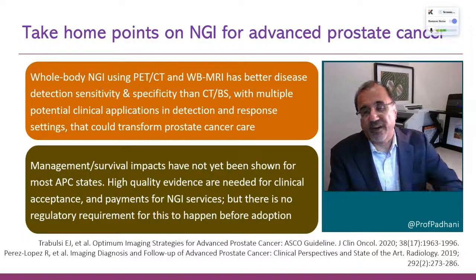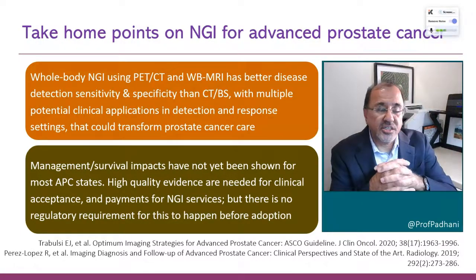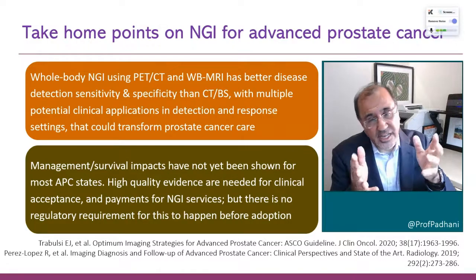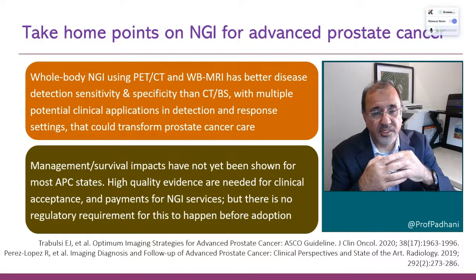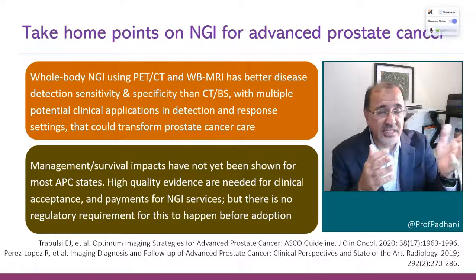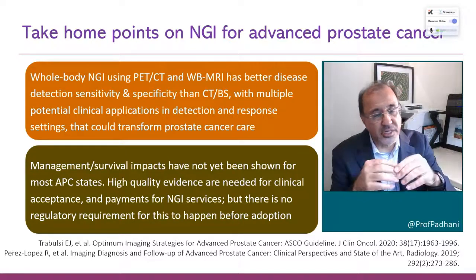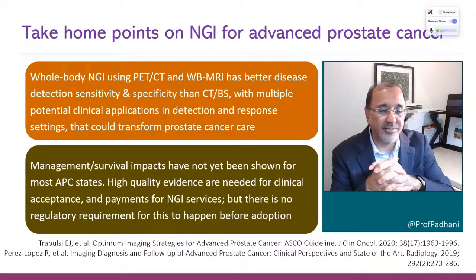So here are my final take-home messages. Next generation imaging technologies such as PET scans and whole body MRI certainly have better detection sensitivity and specificity than bone scans and CT scans in both the detection setting as well as in response assessment, so they have multiple potential clinical applications that could transform patient care.